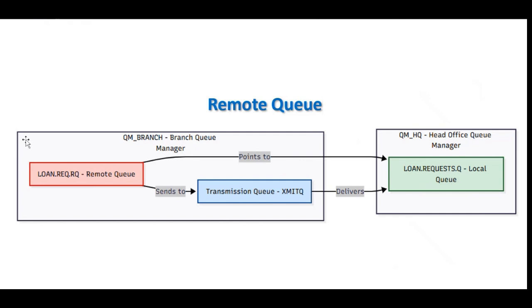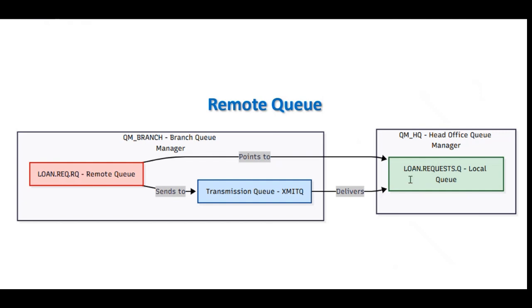When the application sends the messages, the application will connect to the queue manager, and the messages are sent to the remote queue, and the remote queue sends those messages to the XMIT queue, and the transmission queue will deliver it to the queue manager HQ.